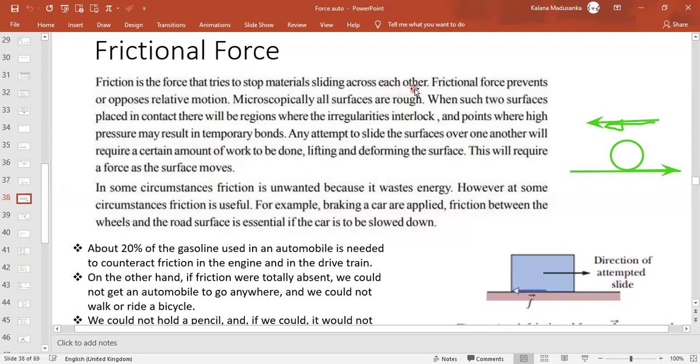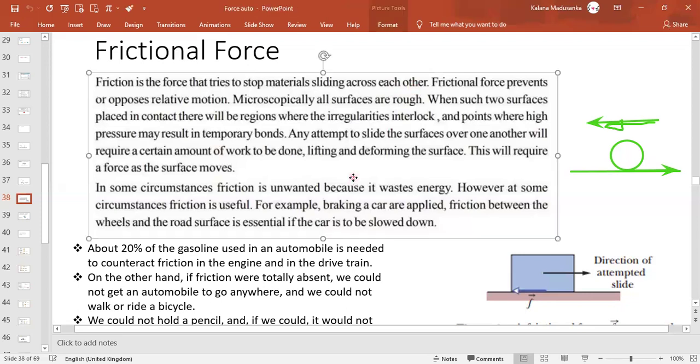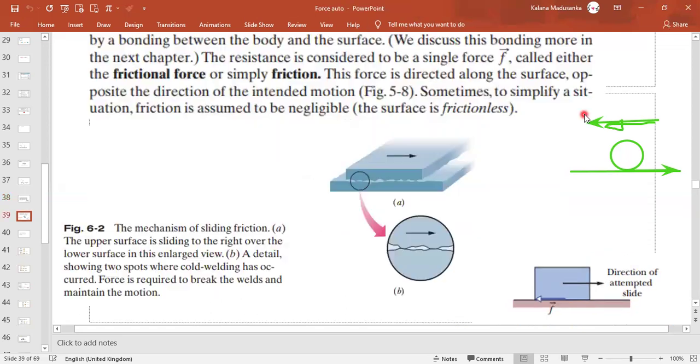And when such two surfaces are placed in contact, there will be a region where the irregularities interlock. Let me show you. You can see there are two surfaces, right? One is gliding over another, and microscopically you can see these are the irregularities.